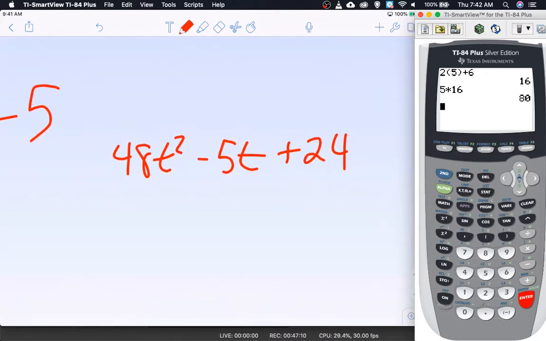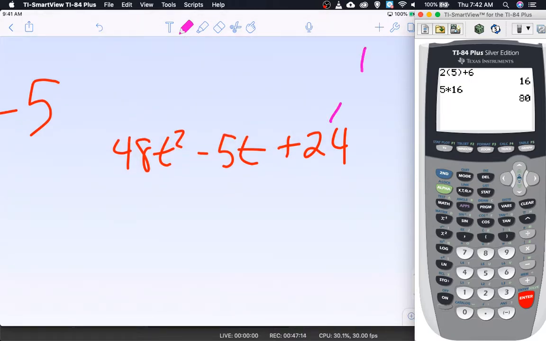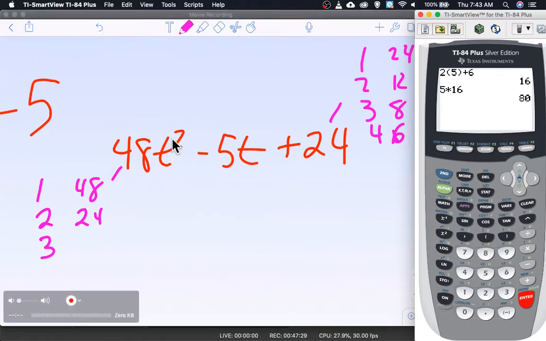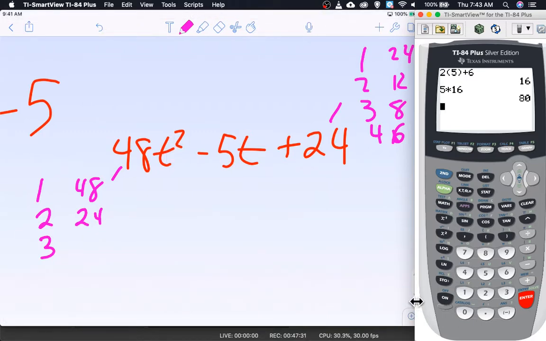But if I was listing factors, 24 has 1 times 24, and 2 times 12, and 3 times 8, and 4 times 6, and 48 would have 1 times 48, and 2 times 24, and 3 times 16, I think. And 4 times 12, and not 5, 6 times 8.